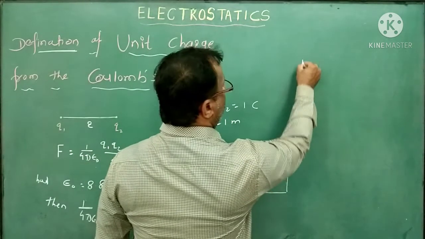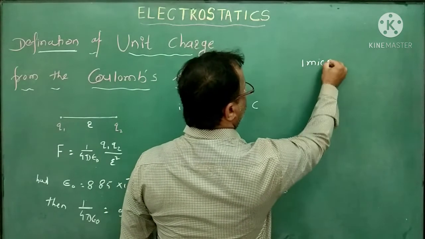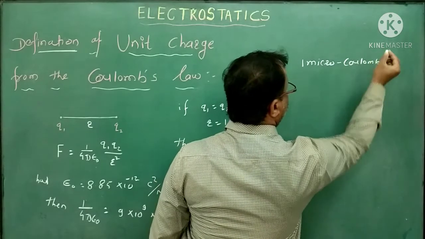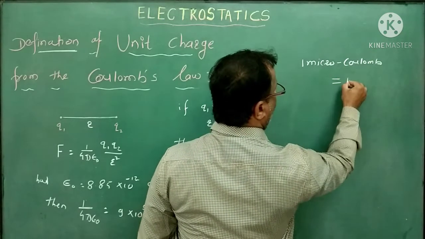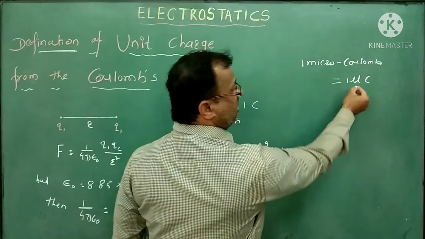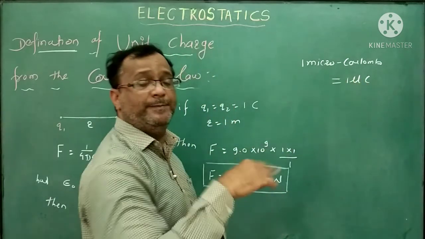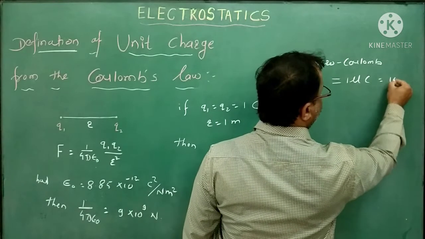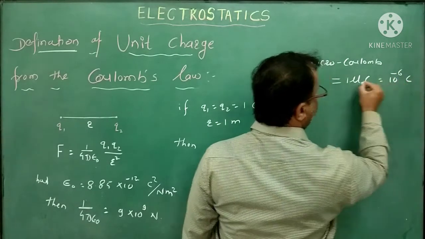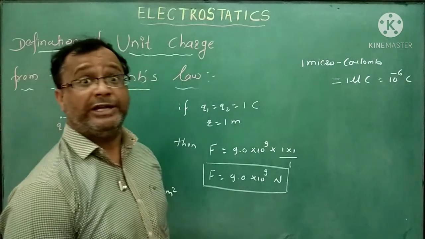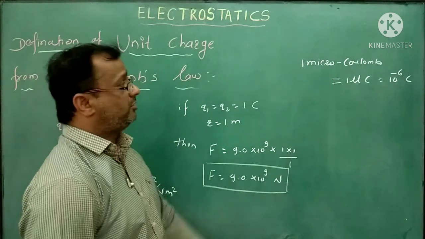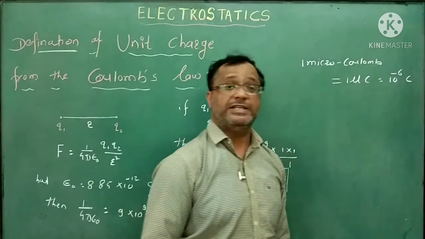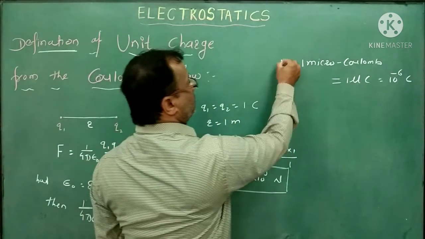Here 1 microcoulomb is written with the symbol mu C, and micro stands for 10 raised to minus 6. So the value of 1 microcoulomb is 10 raised to minus 6 coulomb.